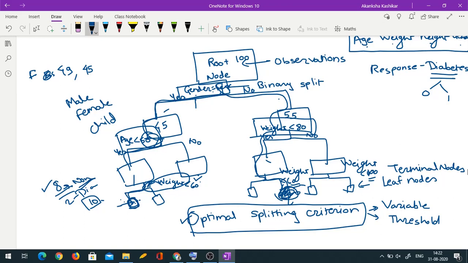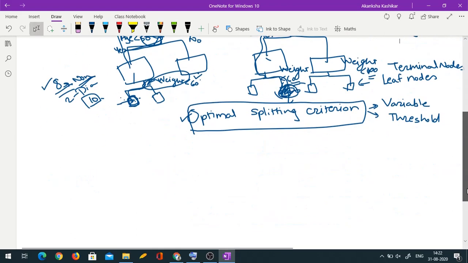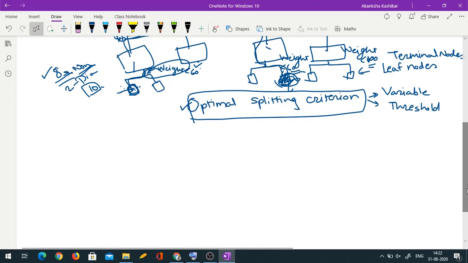So what you have to remember is, in a split, the two sets are always complementary to each other. They are mutually exclusive and exhaustive, and hence finally the leaf nodes are also mutually exclusive and exhaustive.